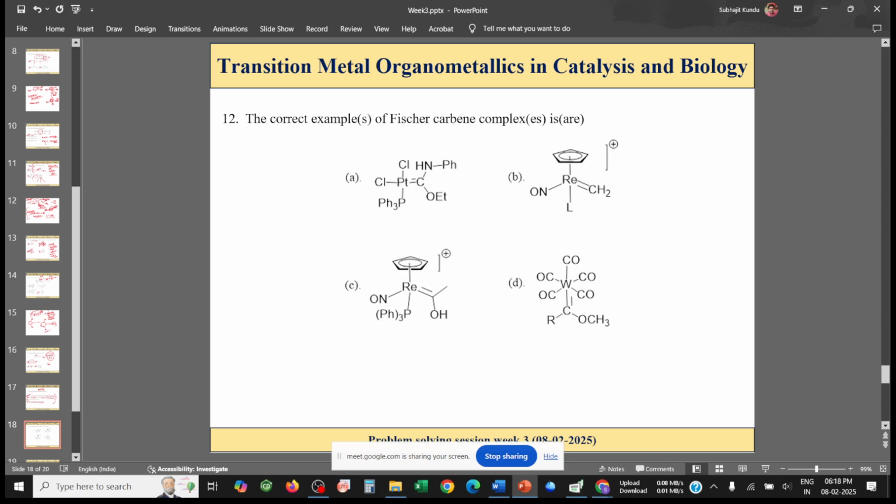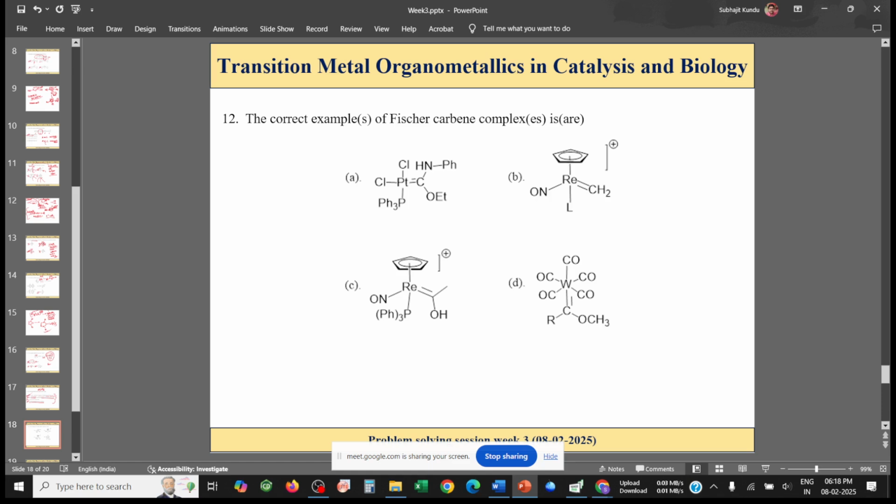example of Fischer carbene. I have already said that the previous letter before F in the alphabet is E: A B C D E F. So that means Fischer carbene is electrophilic in nature. And why electrophilic? Because it contains a heteroatom.